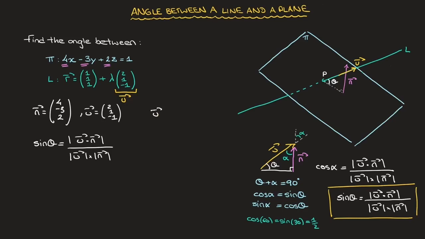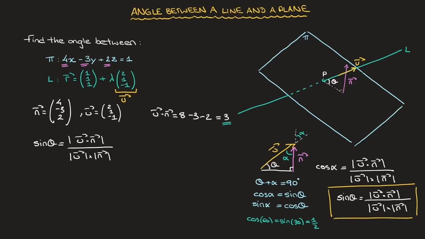So u dot n equals 2 times 4, so that's 8, and we add to that 1 times negative 3, so that's minus 3, and we add to that negative 1 times 2, so that's minus 2. And so 8 minus 3 minus 2 leads to 3. Done. We now know what the dot product is.